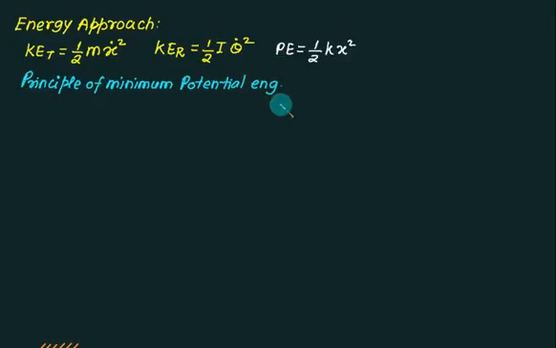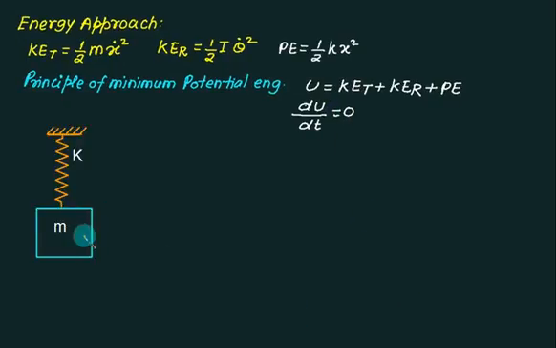According to this principle, the total energy, which is the sum of translational kinetic energy, rotational kinetic energy and potential energy of the spring, does not change with respect to time. That is, dU/dt must equal 0.